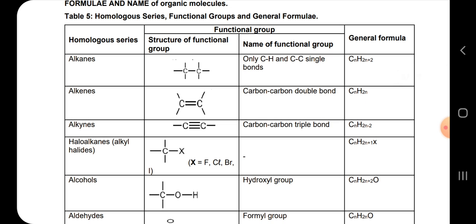You have to know that the n in the general formula represents the number of carbons we have in a structure. So if you have 6 carbons, that will be C6, and then for every carbon there are 2 or 3 hydrogens, depending.